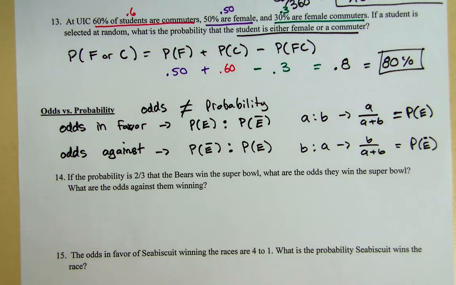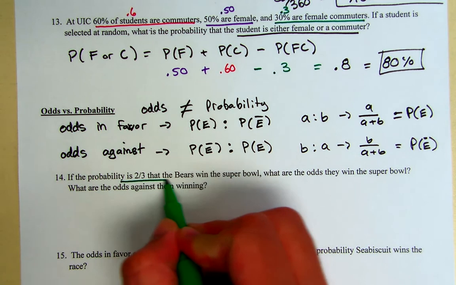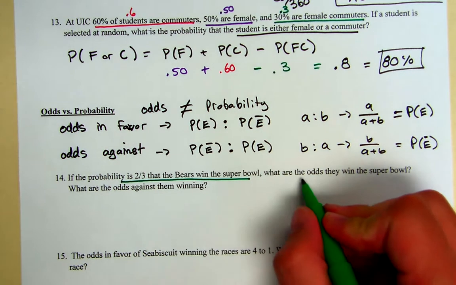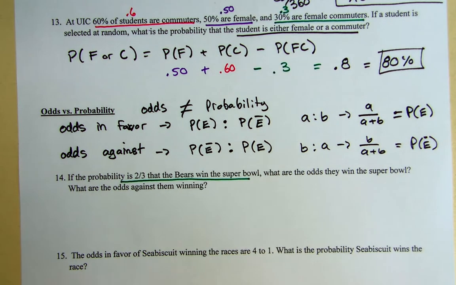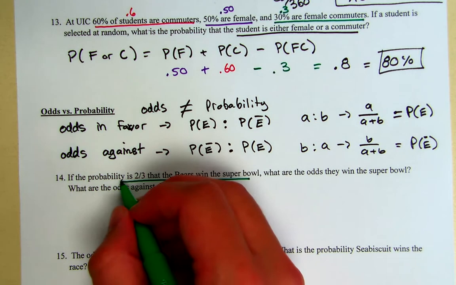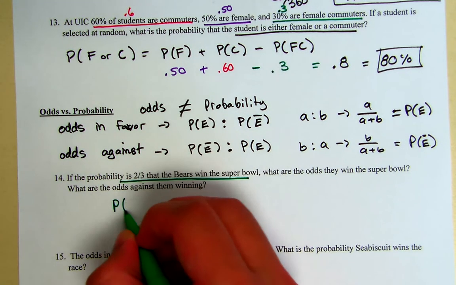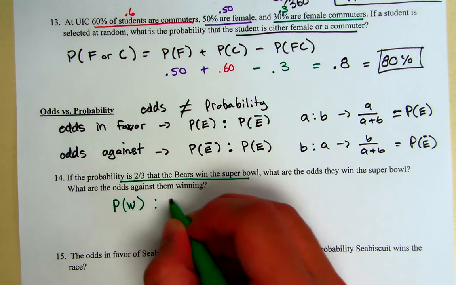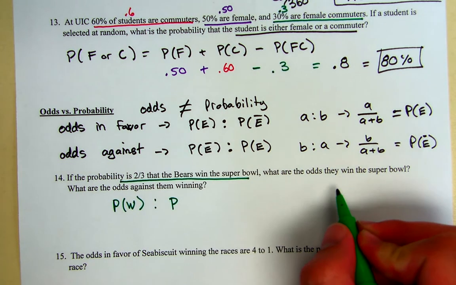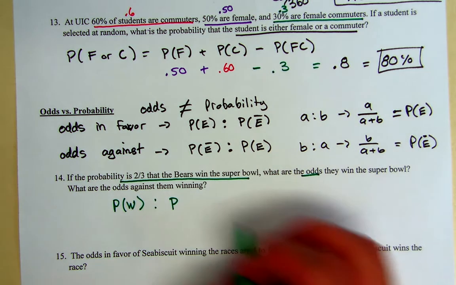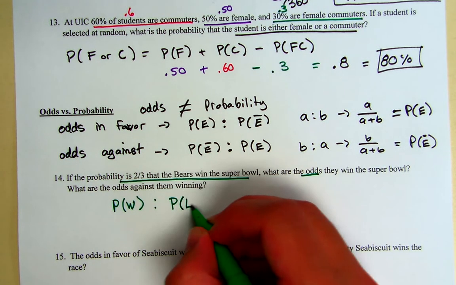If the probability is 2/3 that the Bears will win the Super Bowl, then what are the odds that they win? Remember, the probability is that they win, so P of win, and we want the odds in favor, so the probability of win to the probability that they lose.